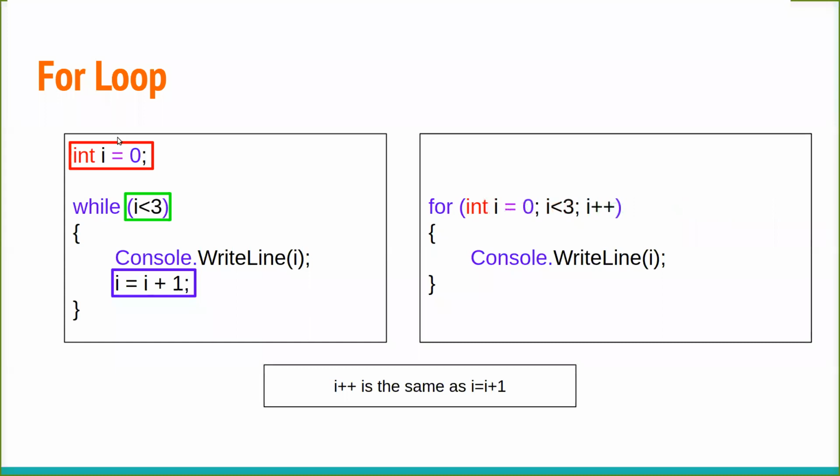Okay, so we could see that this while loop on the left could be translated into the for loop on the right just by saying the initialization at the beginning, so int i equals 0. Let me rather draw it. So this is where our for loop starts. This is where our for loop stops, and we go up by 1 each time. If you remember, i plus plus is the same as i equals i plus 1, right? So it's just adding 1 to i at each step. Okay.